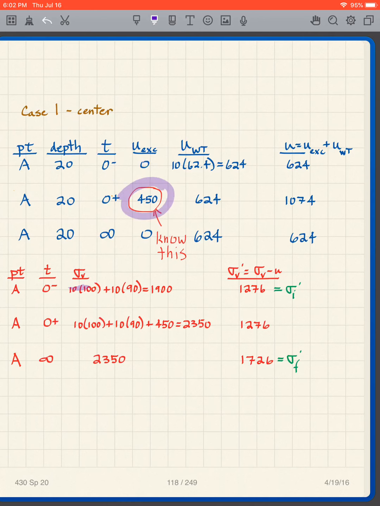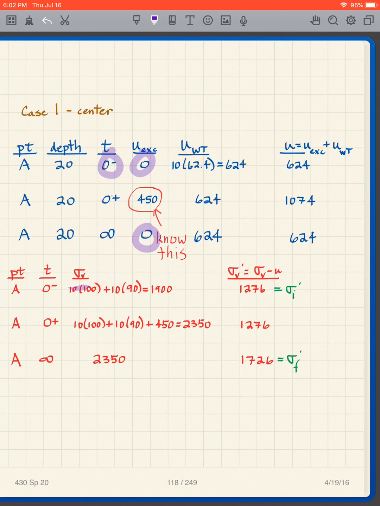It's the 450. Because that's the stress that it has. So remember, the UXS at t equals 0 plus is going to be due to the increase in stress. And of course, remember, it's 0 at t equals 0 minus. It's 0 at t equals infinity. So the only hard one is the t equals 0 plus one.